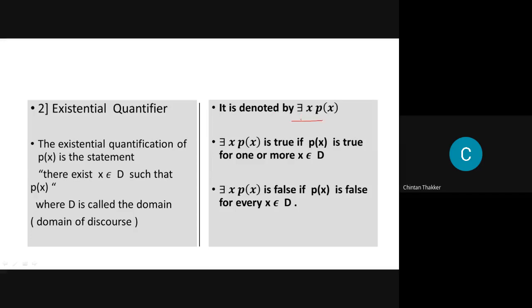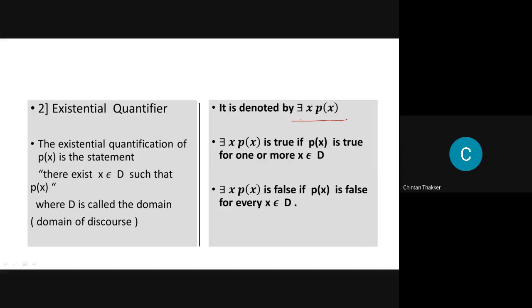It is denoted by this symbol, and it is read as there exists x, P of x. The universal quantifier is read as for all x, P of x. The existential quantifier is read as there exists x, P of x.